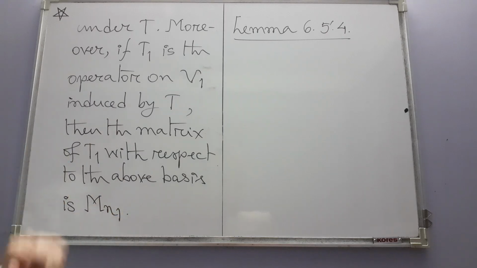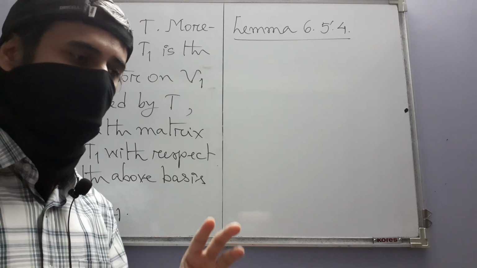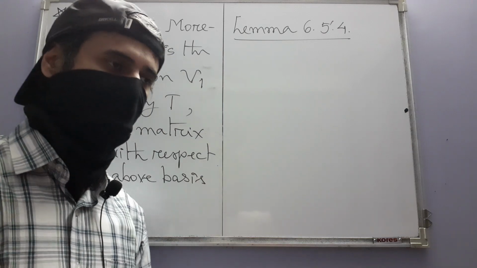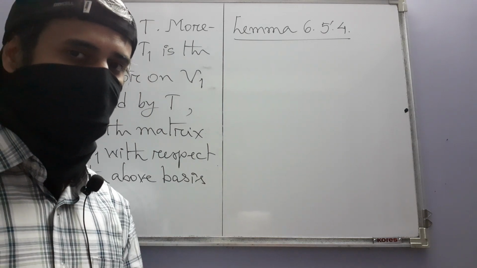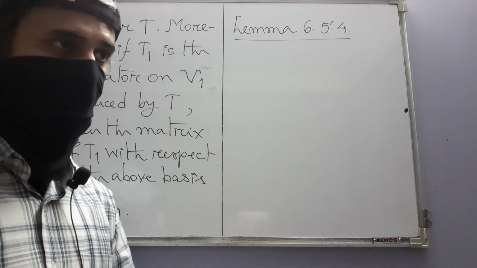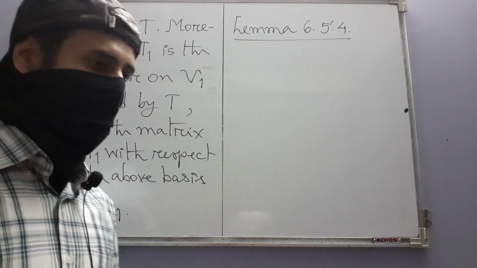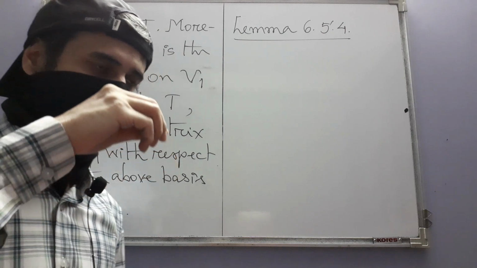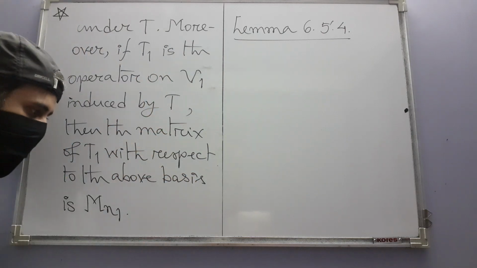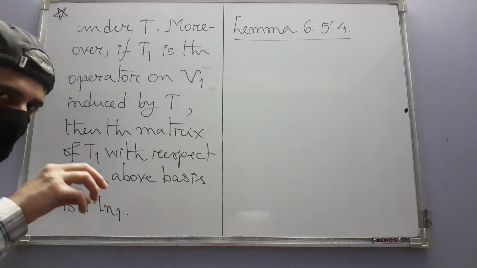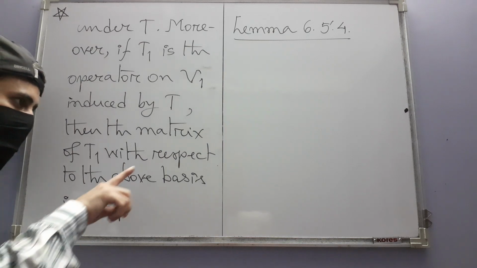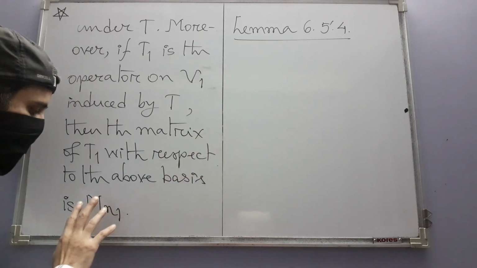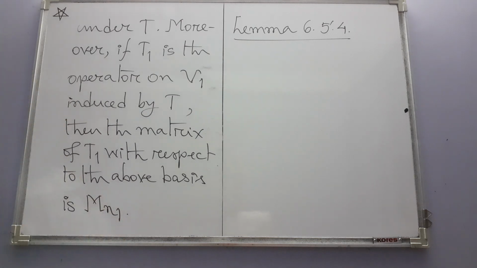Alright, so what have we done so far? We have got a subspace of V, which we are calling V1, that turns out to be invariant under T. And it turns out that when we restrict our T on V1, then the matrix of that restricted operator, with respect to that specific basis which we had here, is in fact Mn1.